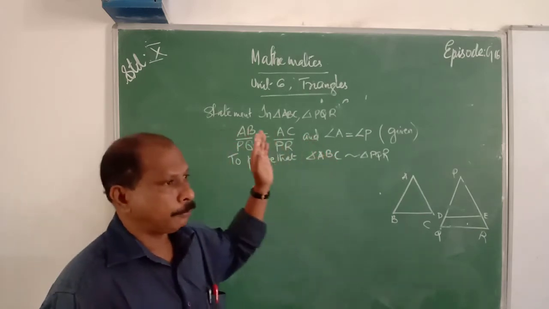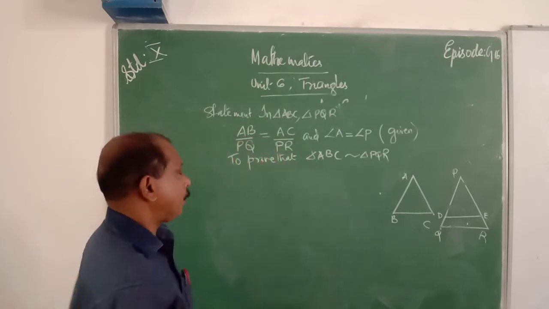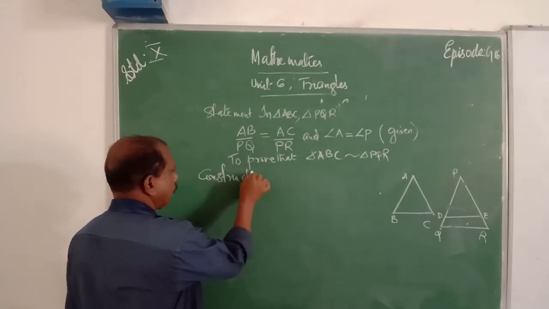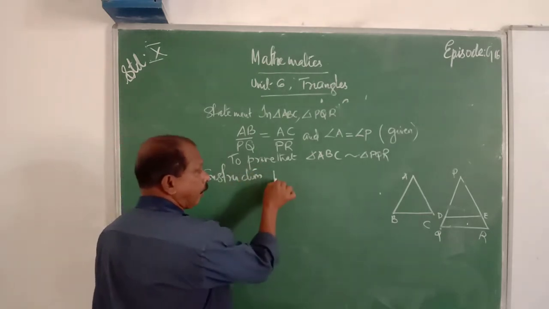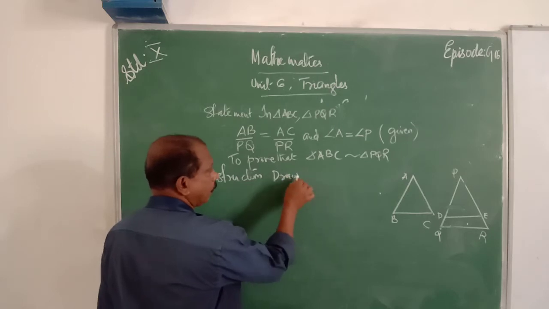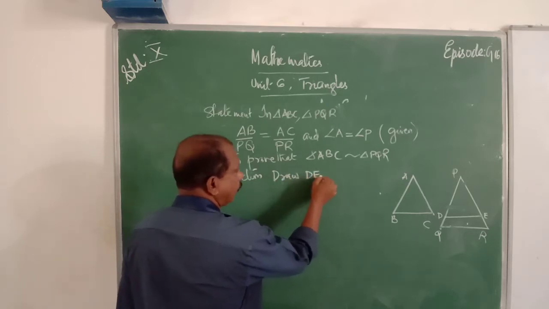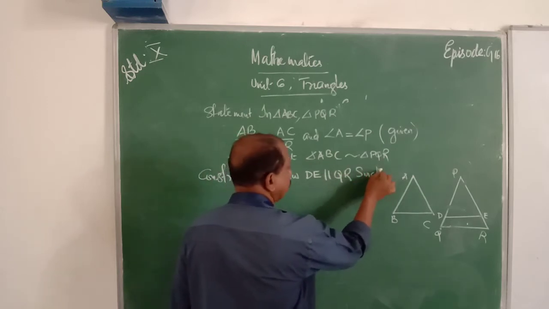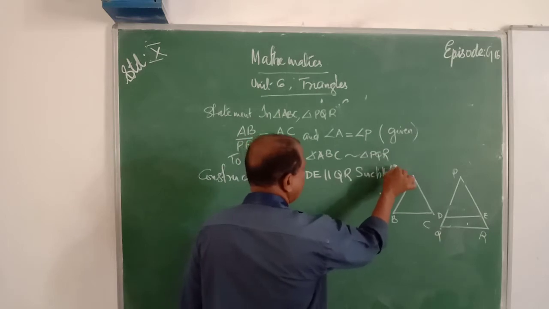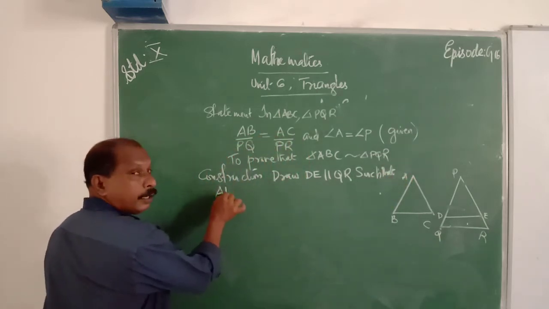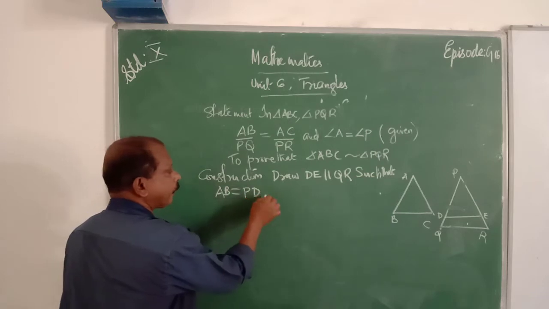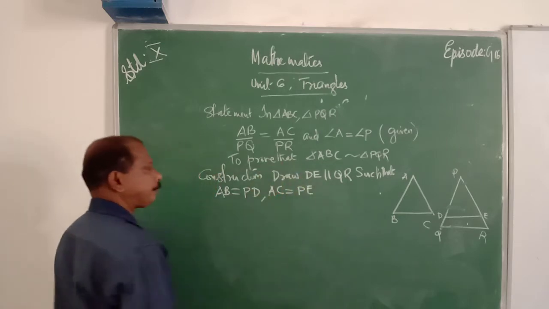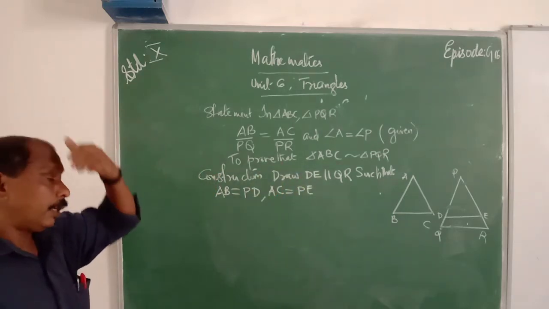Similarly, same as the previous theorems. Construction: draw DE parallel to QR such that AB is equal to PD, and AC is equal to PE. Okay.